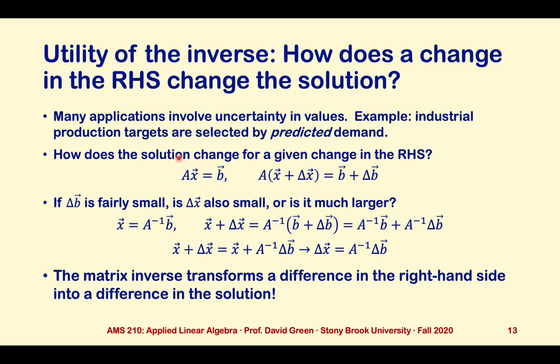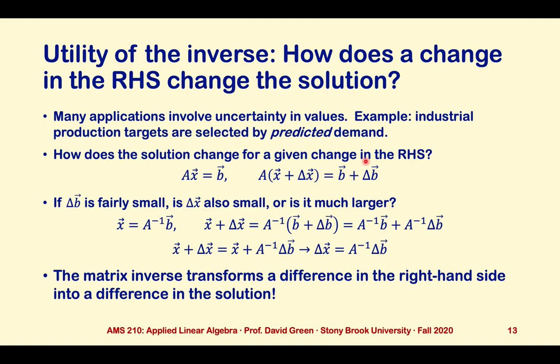If we have some Ax equals b, a target set of demands, if we change the demand by some amount, we add some delta b onto our right-hand side, how would that change the answer? If we phrase the answer as x plus delta x, what is the change in the answer related to a change in the right-hand side?